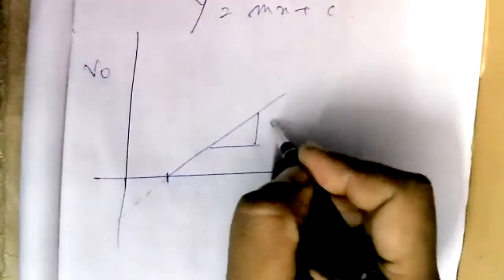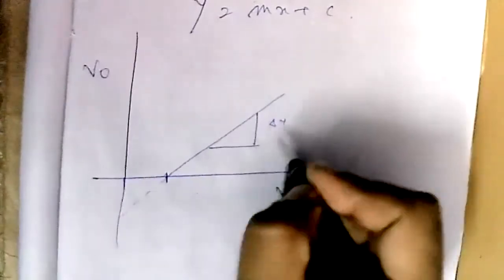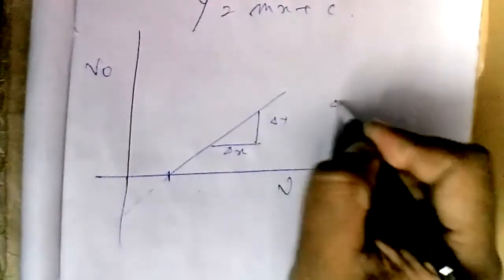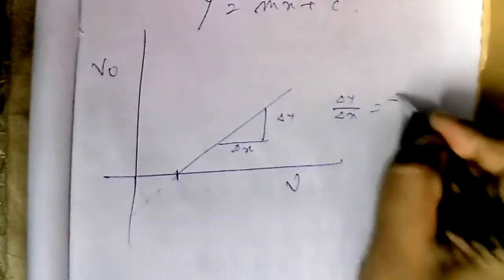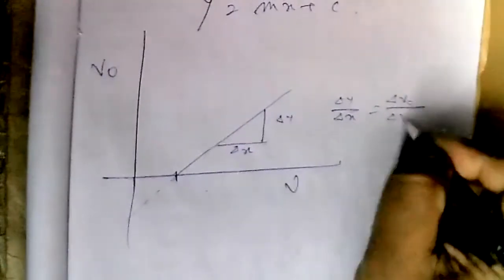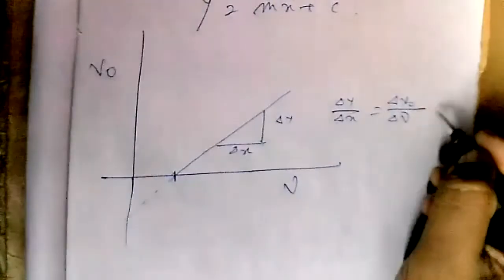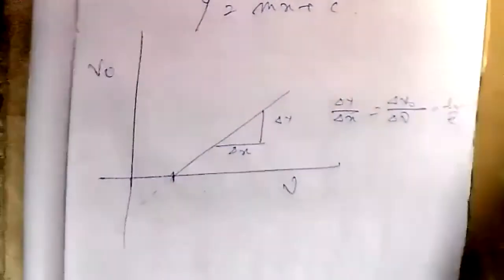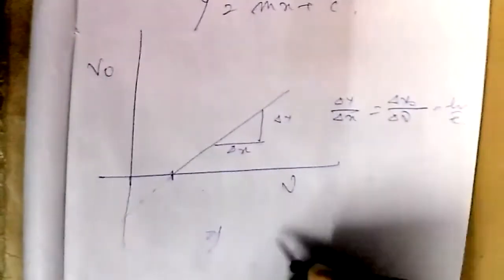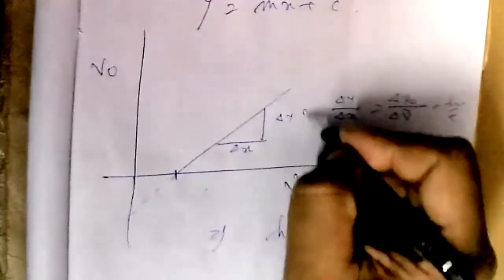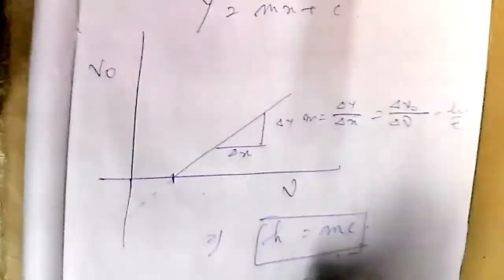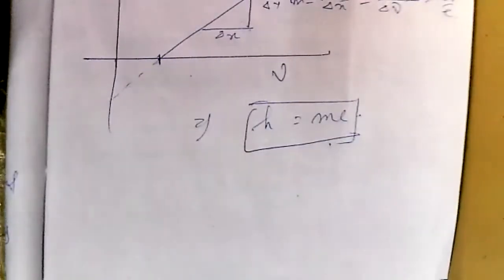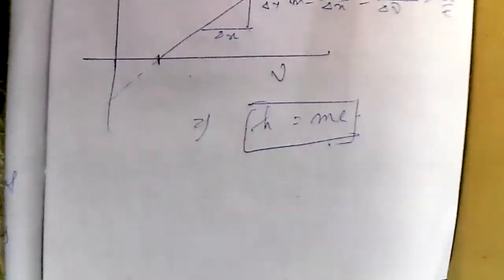The slope of the curve is given by delta V naught by delta nu, which equals h by e. So h equals slope into e. If we multiply the slope with the electronic charge, we will get Planck's constant.